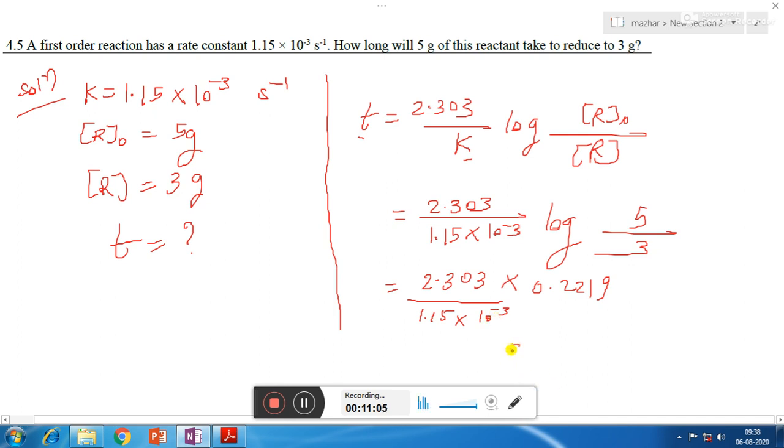So that is equal to 444.38. Now K is in terms of second inverse, so T is the reciprocal of K, so T will be in terms of seconds. So we can say that the approximate value of time is 444 seconds.